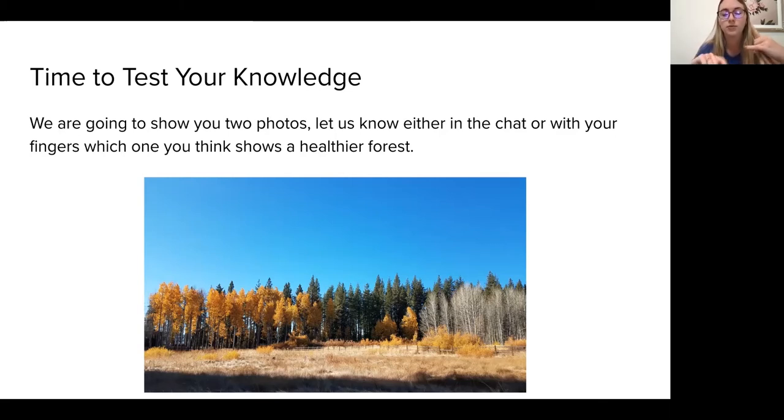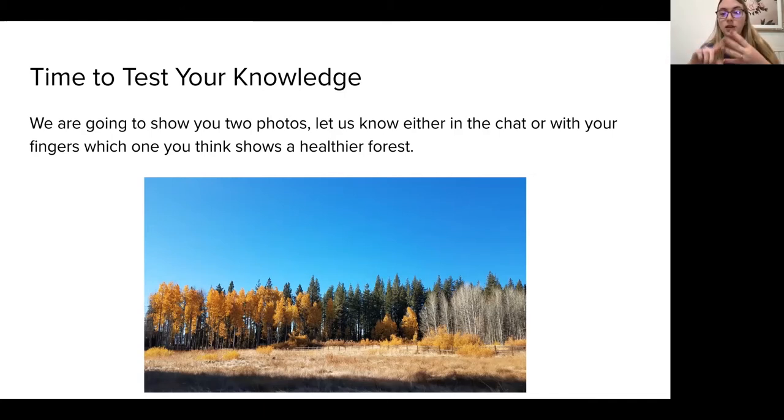So again, those four factors were that the majority of trees and plants are alive, that there's a variety of age groups in the forest, that there are other types of life in the forest, so plants, animals, and fungi, and also that there is a high biodiversity, so a variety of different tree species.